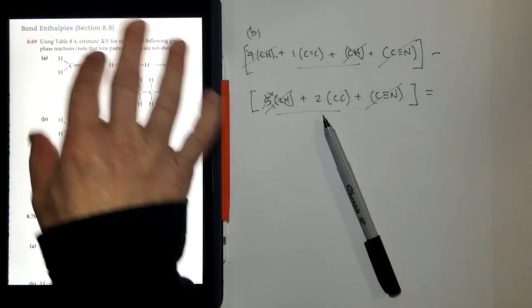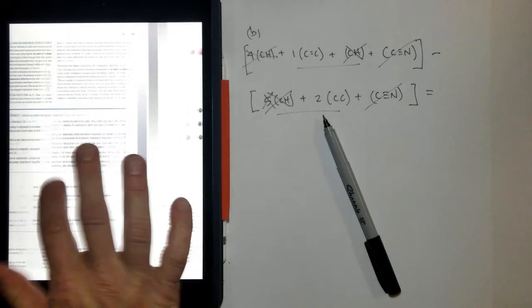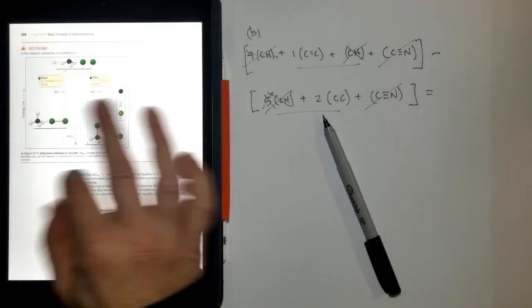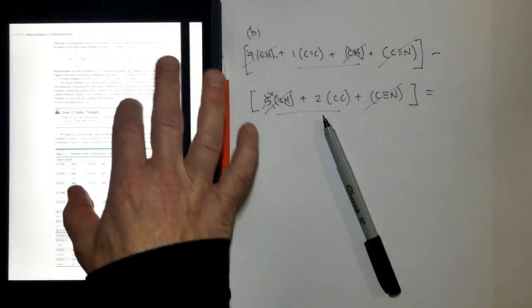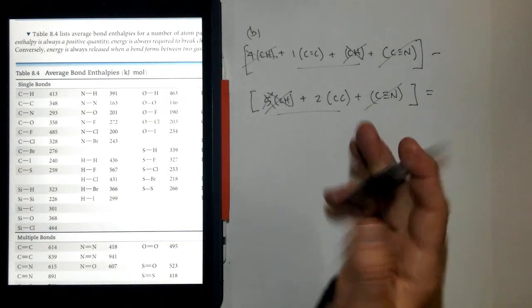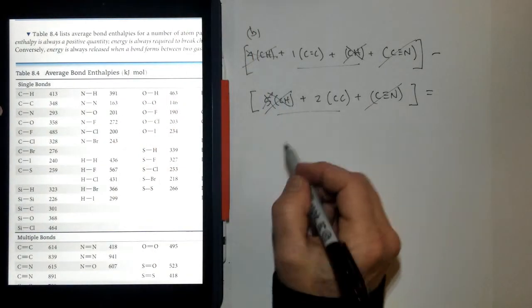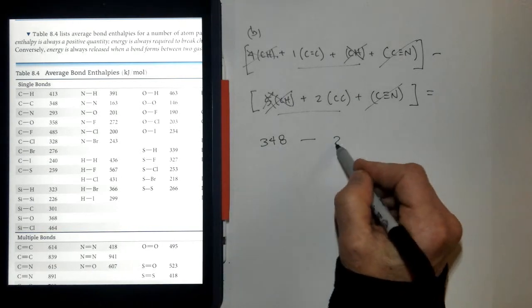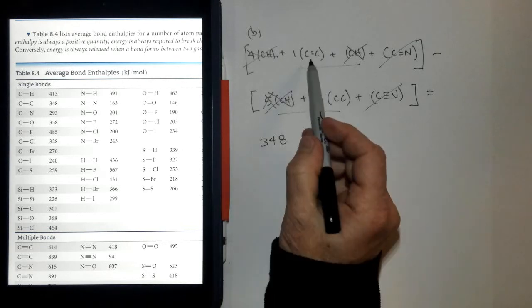So let's go back to Table 8.4 because some people don't know where that's at. So go back here just a little bit. And here is our Table 8.4 of average bond enthalpies. And so we can look up here, a carbon-carbon single bond is 348. And then we're going to subtract from that 2 times a, whoops, that was a carbon-carbon double bond.